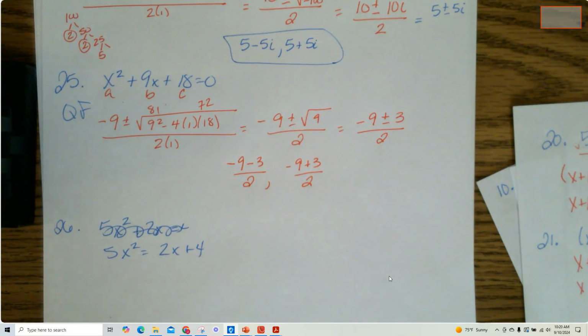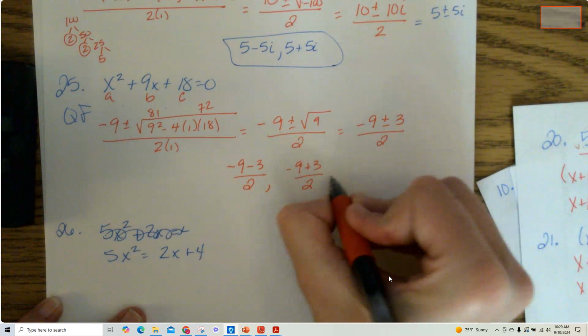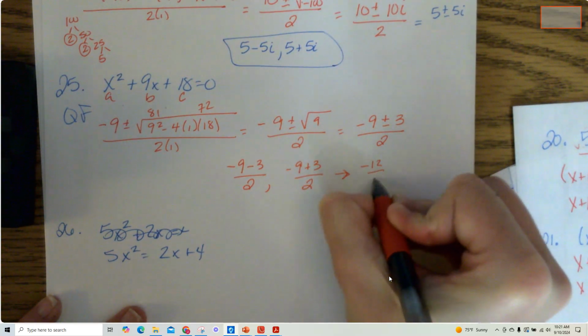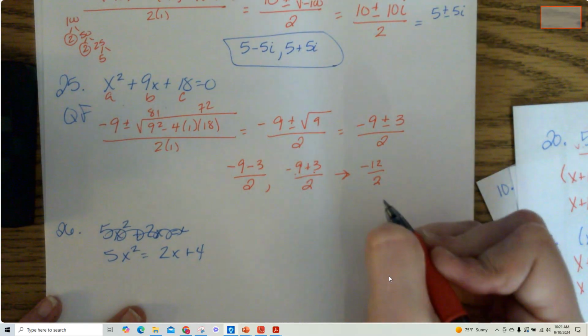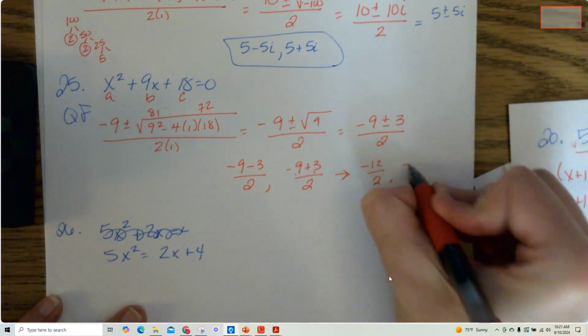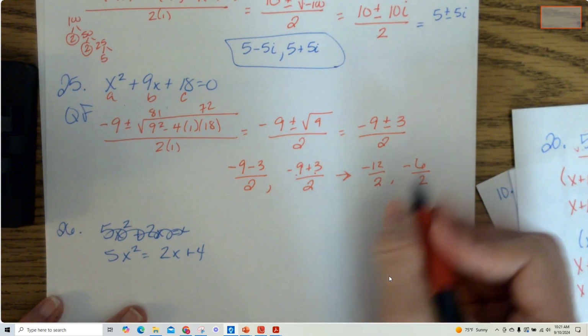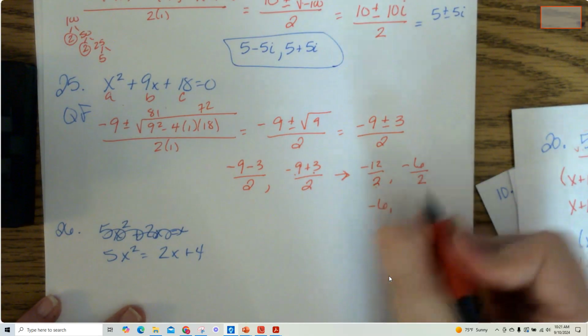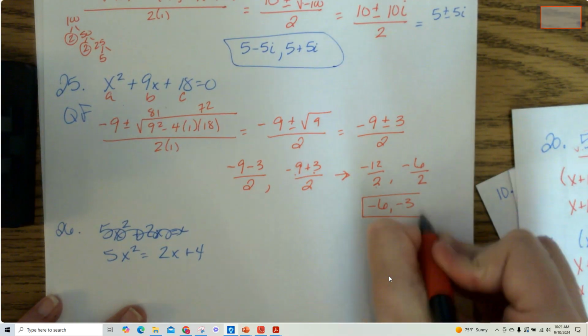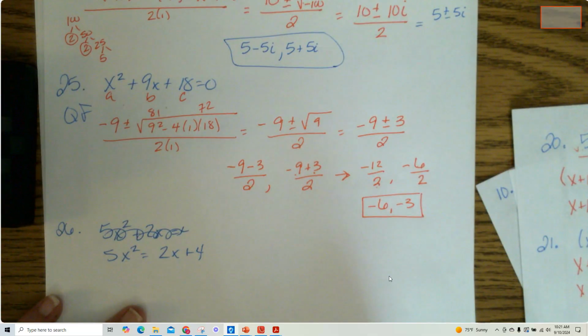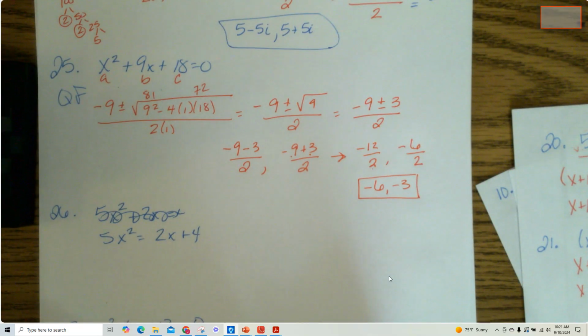So negative 9 minus 3 is a negative 12. Negative 9 plus 3 is a negative 6. So negative 12 over 2 is a negative 6. Negative 6 over 2 is a negative 3. So always make sure that you're simplifying all the way down.